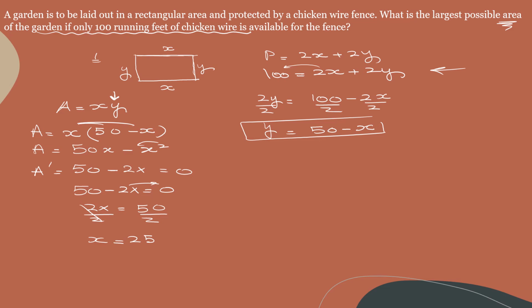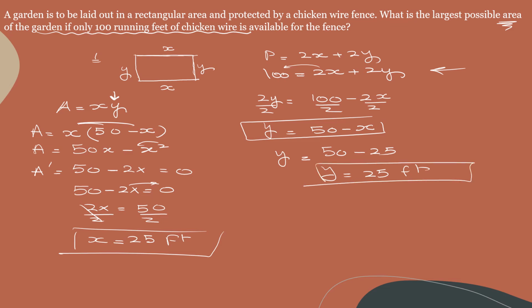Now the unit will be feet. Now what is the y value? Put the x value in this equation of y, that is 50 minus x. So the y value is also equal to 25 feet. Now let's try to find the area.